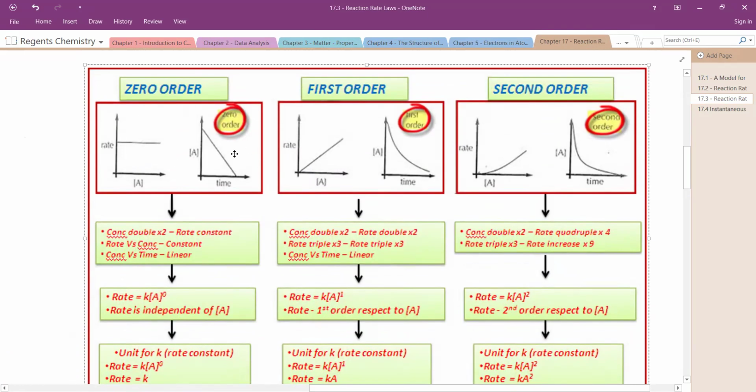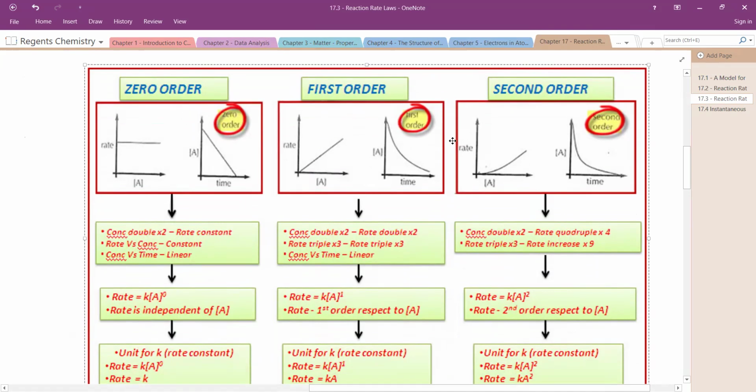It can be something you see. An example would be plating copper onto a zinc electrode, where the concentration of our copper is not really going to affect our rate of reaction because it will constantly be replenished. Okay, so this is an example of a zero order reaction.